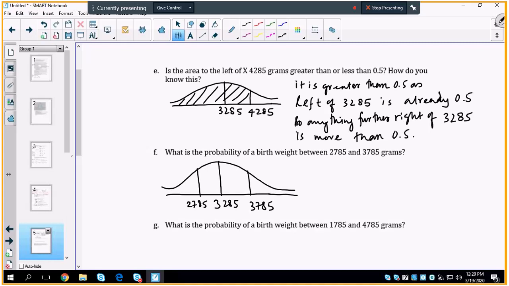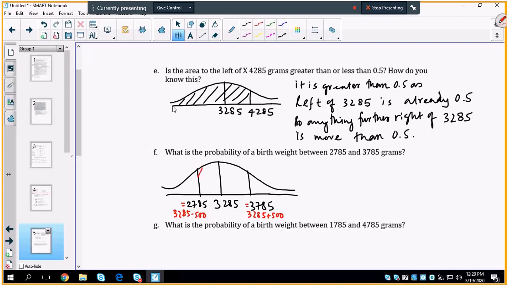Now think about one thing. What do you get when you subtract 500 from 3285? 3285 minus 500 is exactly equal to 2785. How about if you add 500 to 3285? You get exactly 3785.